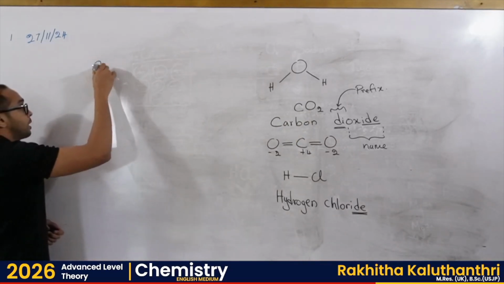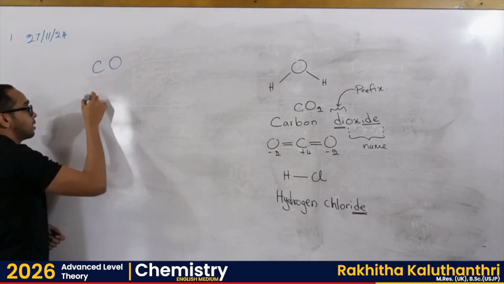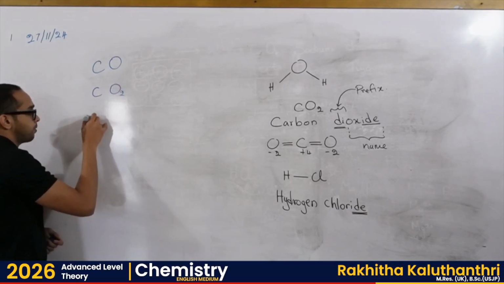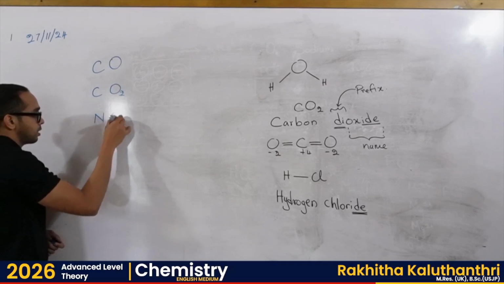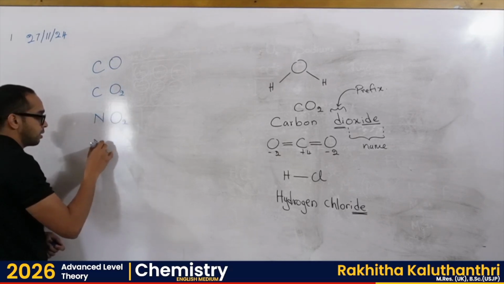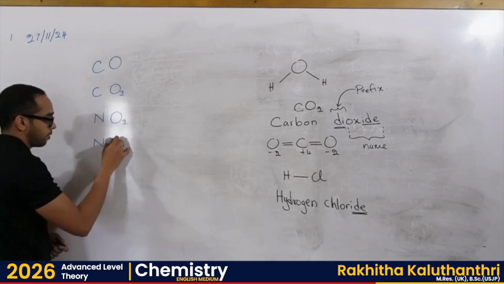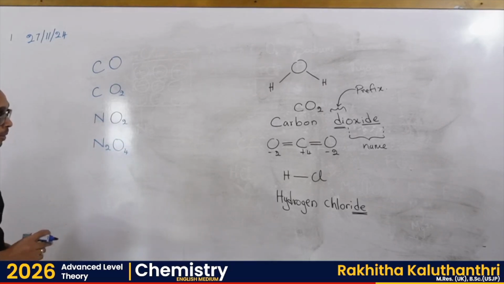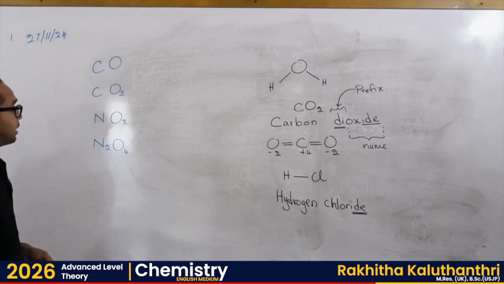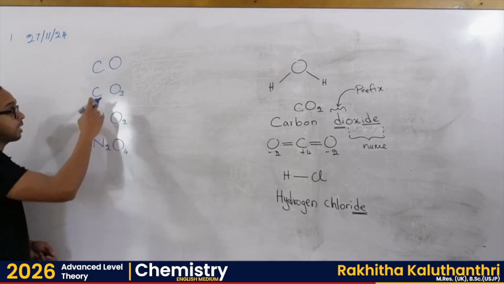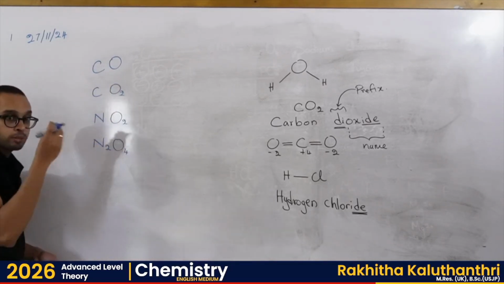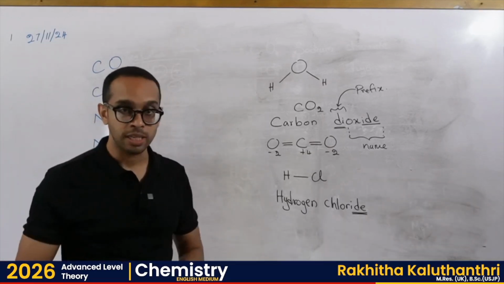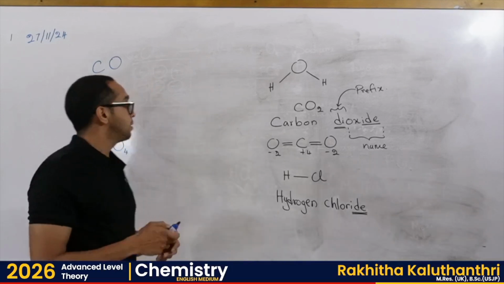If you take carbon monoxide, carbon dioxide, we have nitrogen dioxide, and we have this. Let me name these so that you understand what I mean by using the correct prefix. In each of these cases, the very first element holds a positive oxidation state. So the one with the positive oxidation state is always written first.